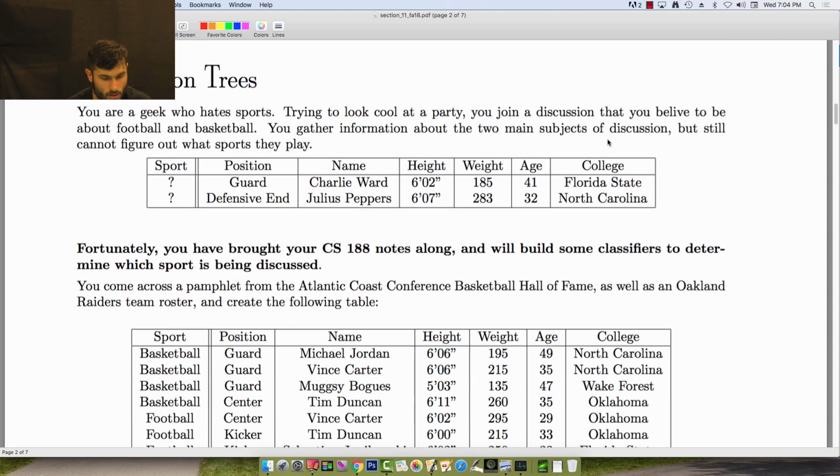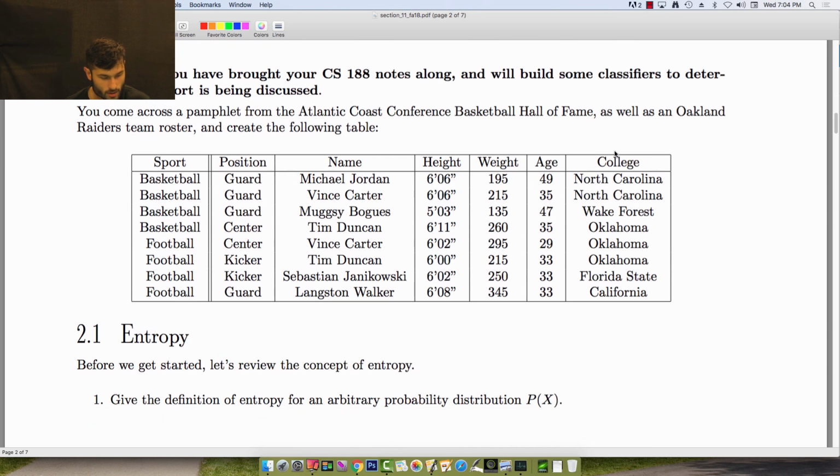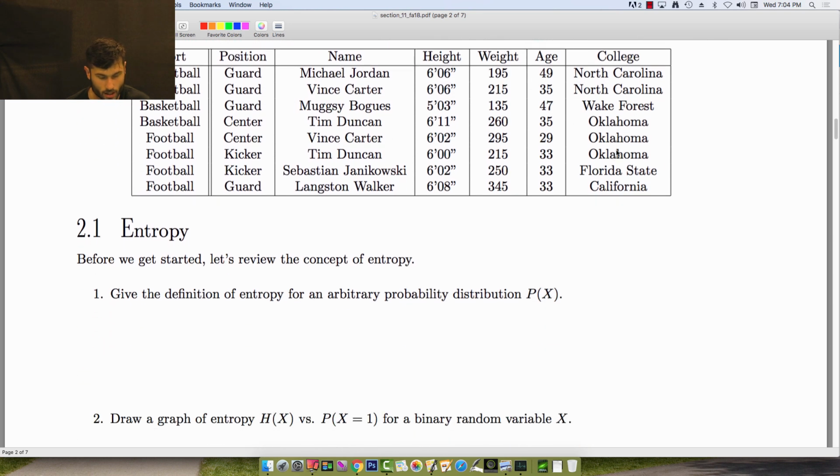So this second problem is about decision trees. And the first question that they ask us is to write down the definition of entropy.